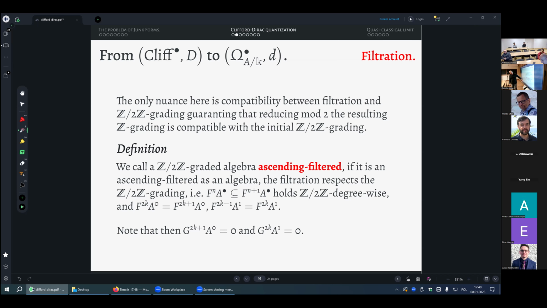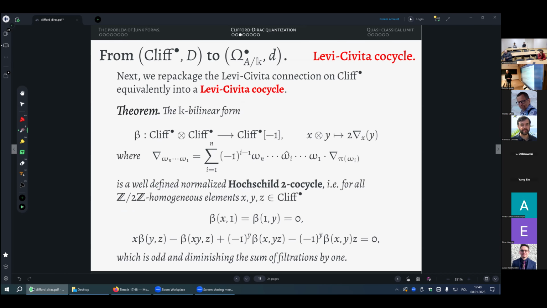But applying this grading coming from the filtration, you obtain a Z grading for this element whose reduction modulo 2 coincides with the initial Z2 grading of this initial element. So this is a new concept.